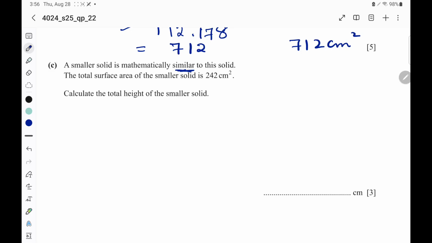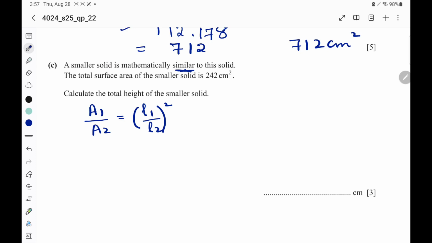Whenever the area and the similarity is attached together, we write down A1 upon A2 is equals to L1 upon L2 whole square, and when the volume is involved, then it will be V1 upon V2 is equals to L1 upon L2 whole cube. Alright, so area of the smaller solid is 242.